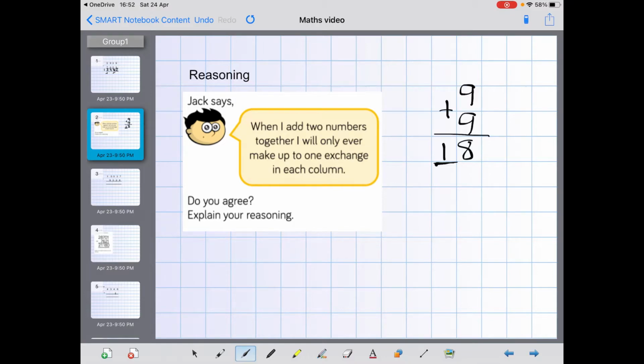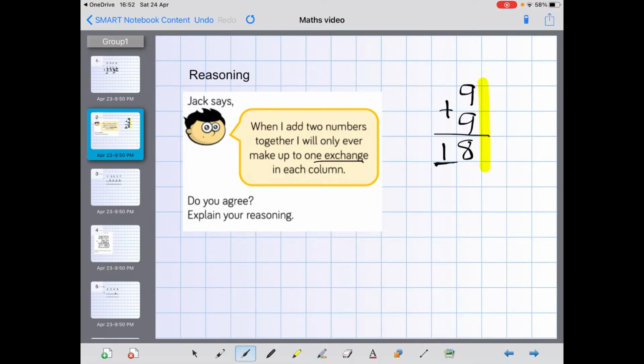And therefore, as that gives us 18, I would only ever have 1 exchange in each column, meaning that Jack is correct. We would expect the children to show this using a sentence and perhaps using some digits as an example written down.